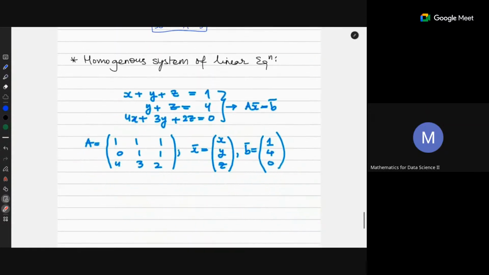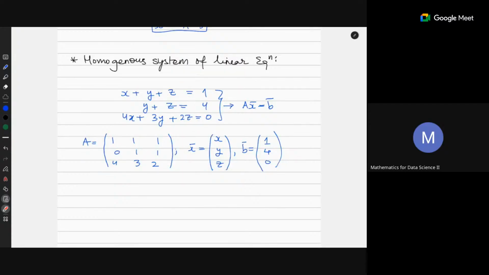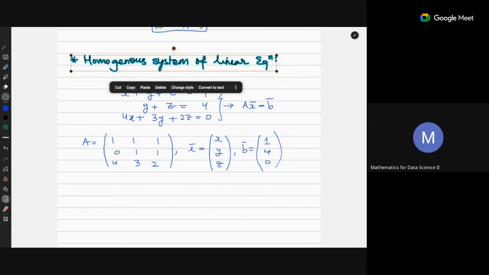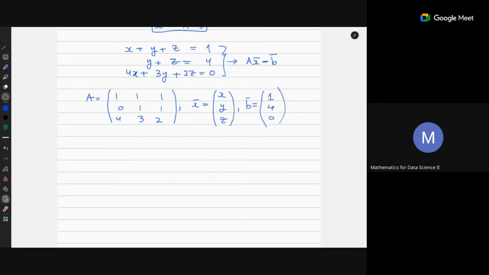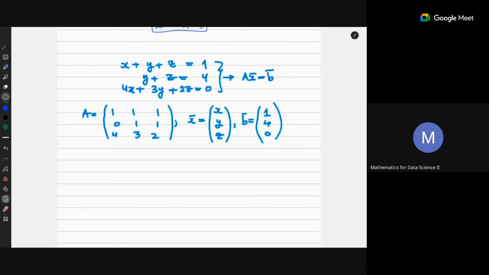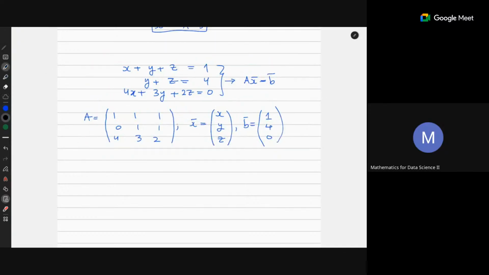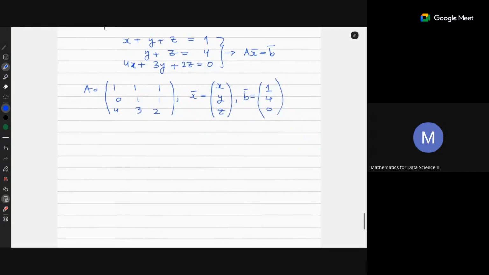Let's take the same example and work out the details. So A is given by this. We have already seen the determinant of A is non-zero, and in particular it is -1. The determinant of A is equal to -1.